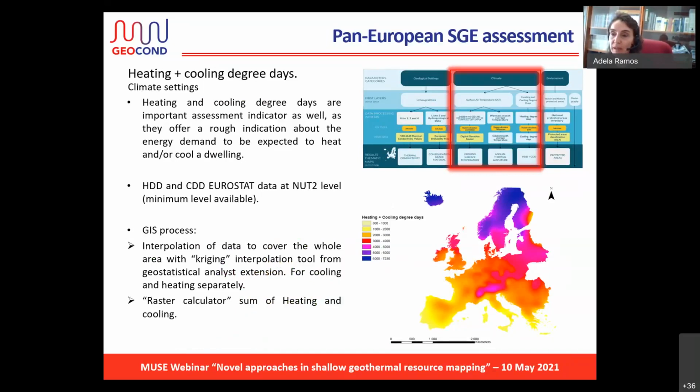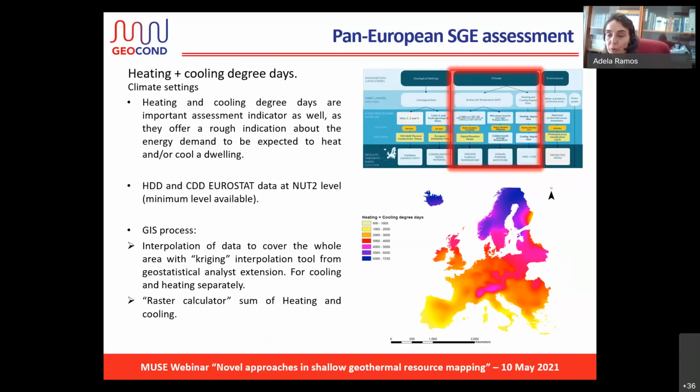This time, heating degree days and cooling degree days data were extracted from the Eurostat database. Eurostat provides this information at different administrative levels, and for this purpose we selected the NUTS 2 level, which is approximately a regional level.